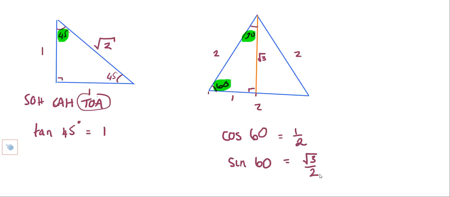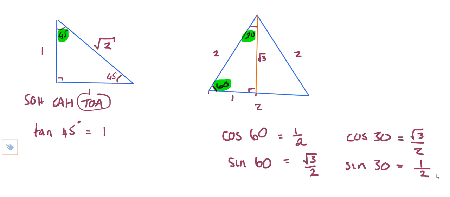Is that right? Because sine is opposite over hypotenuse. So what about cos of 30? Root 3 over 2. Sine of 30? 1 over 2 again.